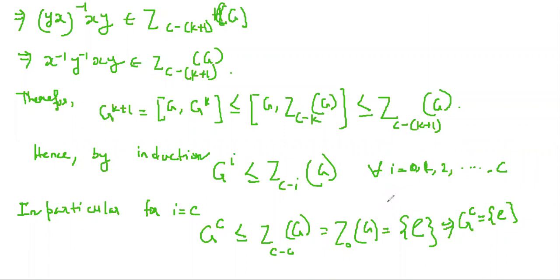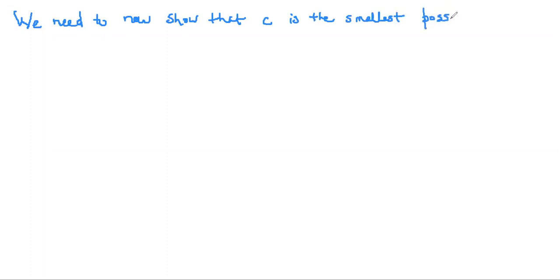We now need to show that C is the smallest possible integer such that G^C is 1.